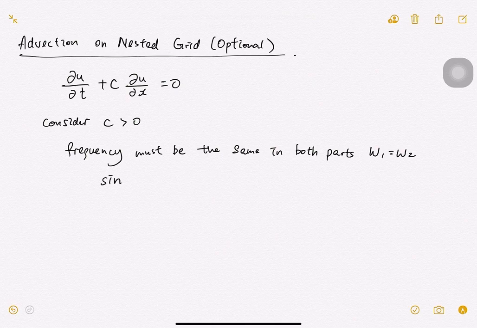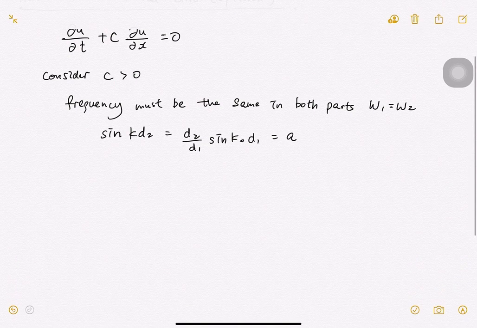Okay, and then we can rewrite the whole equation equals to, and we write the sine k d2, d1, because this determines the dispersion relation, so we rewrite this.